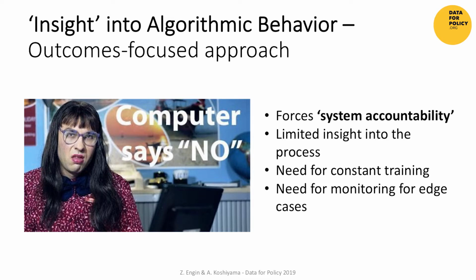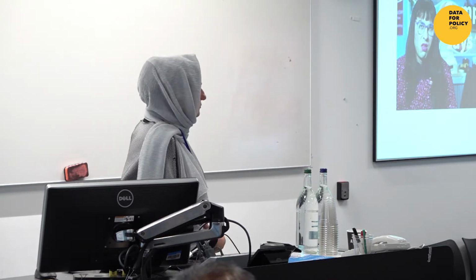When we talk about having insight into algorithmic behavior, there are different approaches, and the first one is looking at the outcomes and trying to make the system accountable. You need to test, you need to train your algorithm constantly, because you don't actually have insight into the process itself, and you have to really watch for edge cases, especially because these algorithms tend to discriminate against outliers in particular.